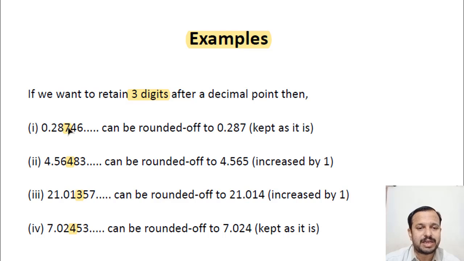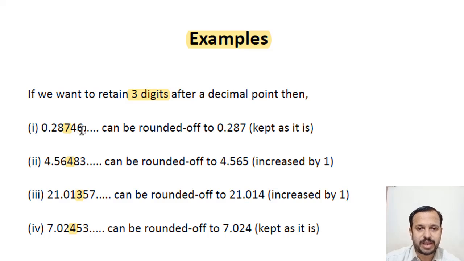We have to look at the next digit, at this particular value which is next to 7. That is 4, and 4 is less than 5. So when 4 is less than 5, we have to keep 7 as it is. This is according to rule number 1.